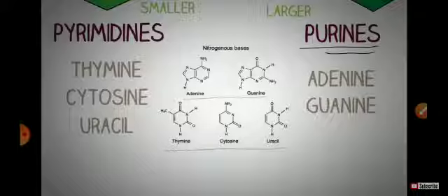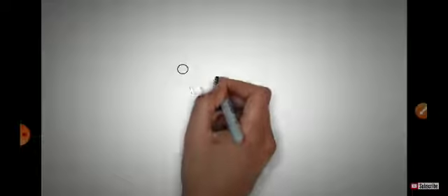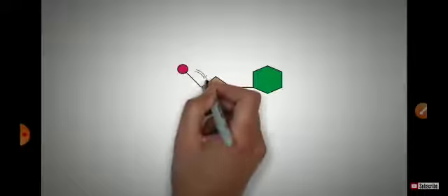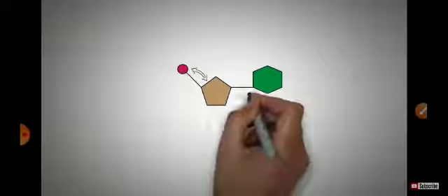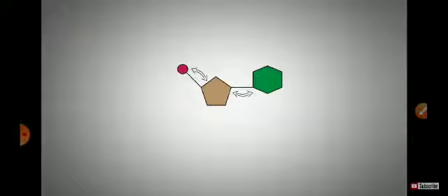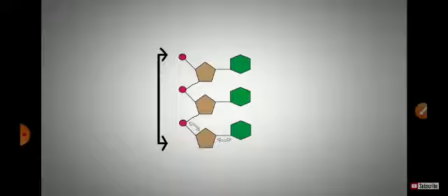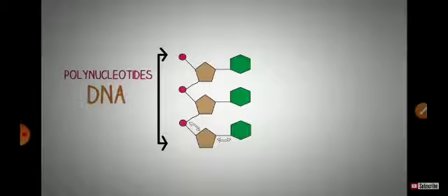Both of them contain nitrogen and are therefore referred to as nitrogenous bases. Now, the bonding which takes place between the phosphate and the nitrogenous base and the sugar, and the sugar and the phosphate, results in the formation of a polynucleotide.